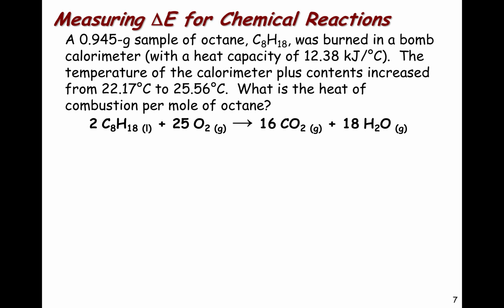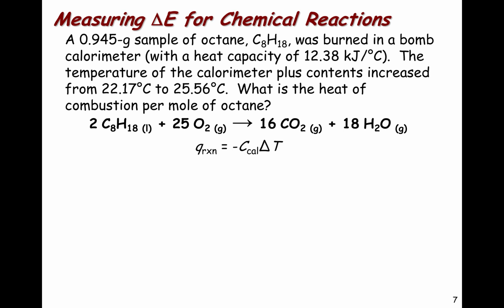It finally asks, what is the heat of combustion per mole of octane? We see that we have a balanced chemical reaction where 2 moles of octane react with 25 moles of oxygen to produce 16 moles of CO2 and 18 waters.